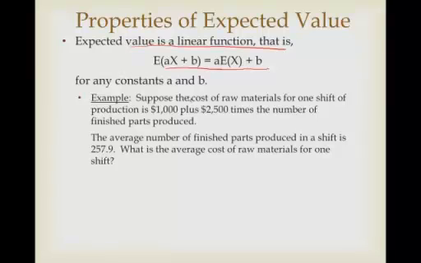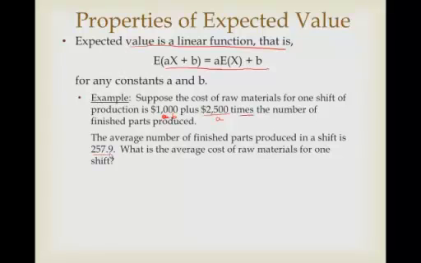So suppose the cost of raw materials for a single shift of production is $1,000. This is the B. Plus $25,000 times the number of finished parts produced. So this is like A. The average number of expected parts produced in a shift is 257.9.